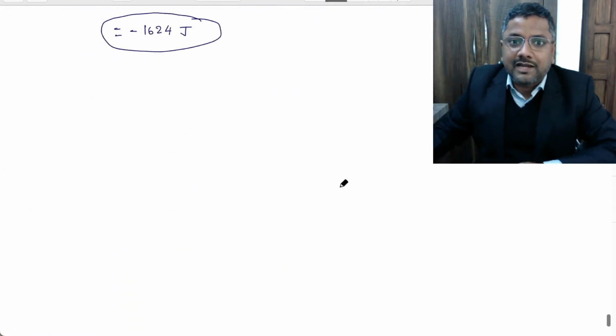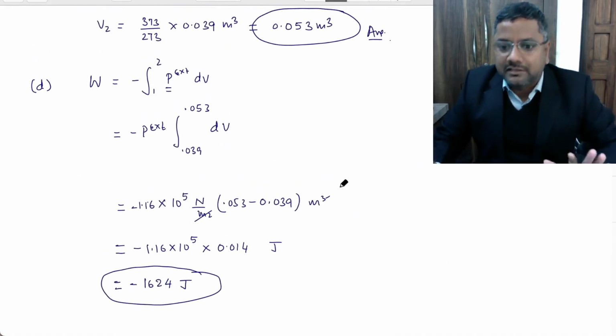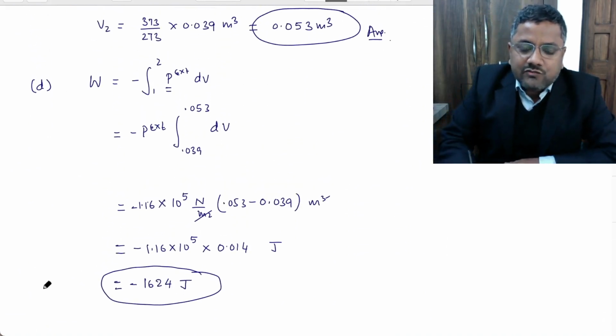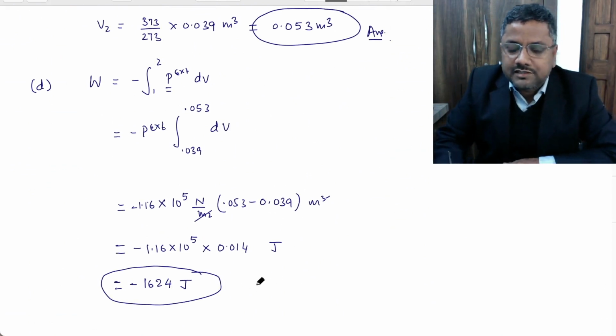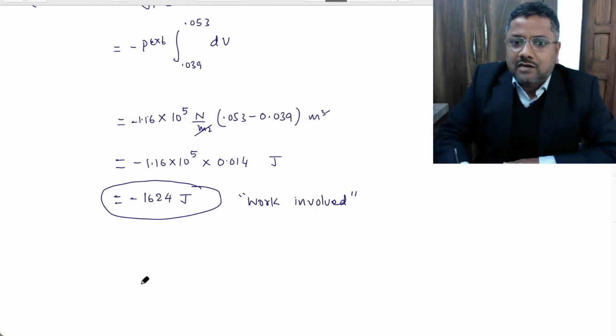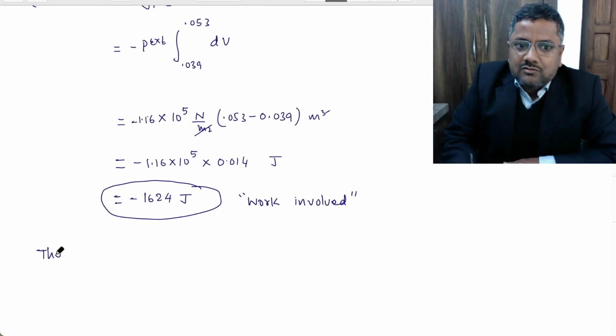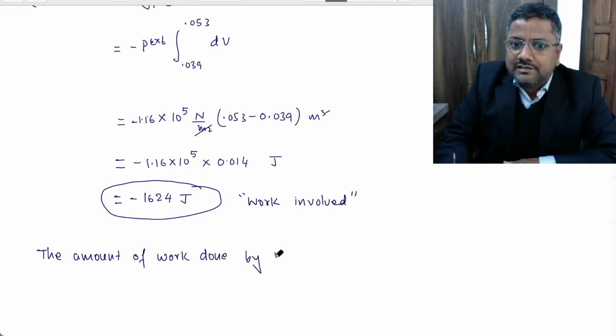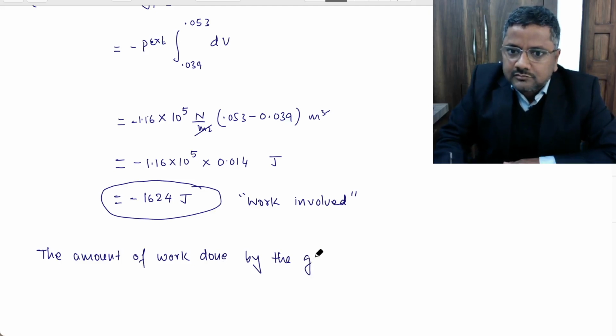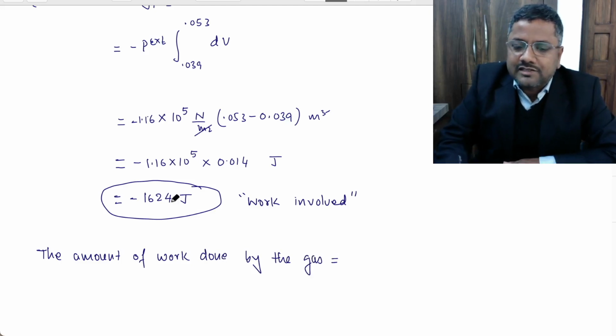So here, when we write this, this is the work involved in this process, that is minus. See, this is work involved in this process. Now, when you are writing like this, the amount of work done by the gas, then you have to write this value positive.